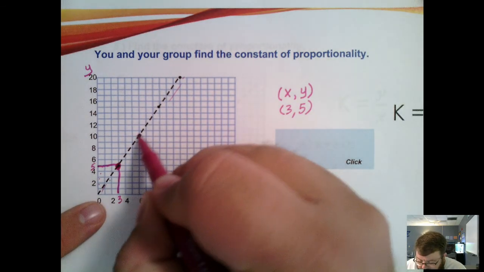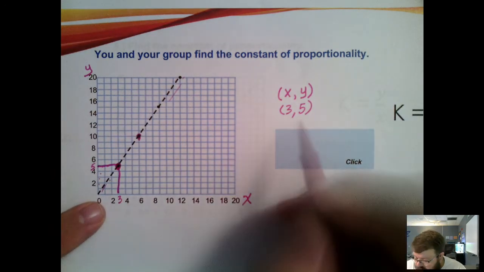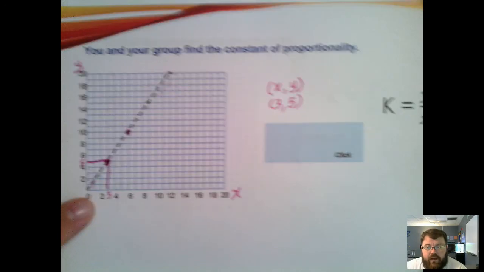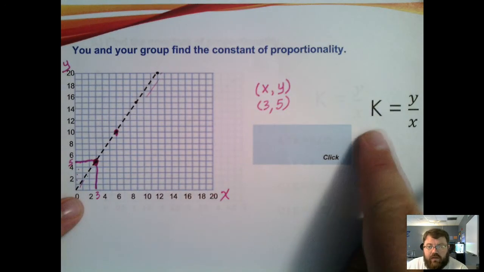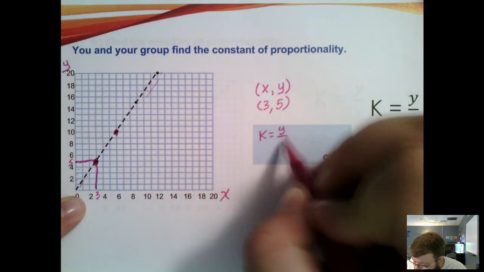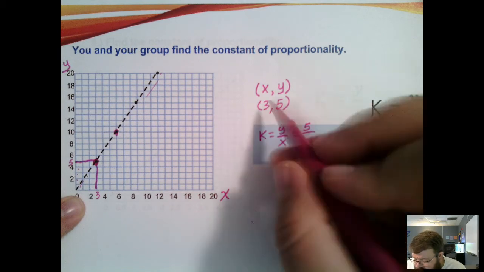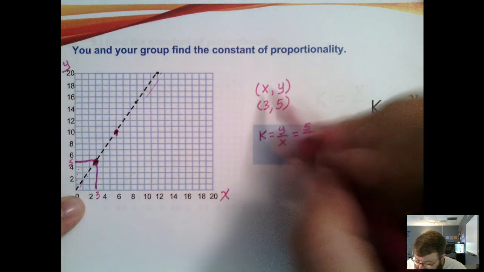I could have chosen this one if I wanted. It doesn't matter which point. So let's use this one. Now remember your formula, k is equal to y over x. The y value is 5. The x value is 3.